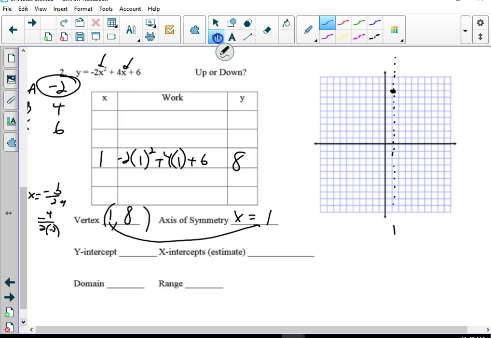Now, where's the y-intercept? You already know the y-intercept. It's given to you. Look at your notes. At the beginning of the notes, it says where the y-intercept is. Which letter tells you the y-intercept?